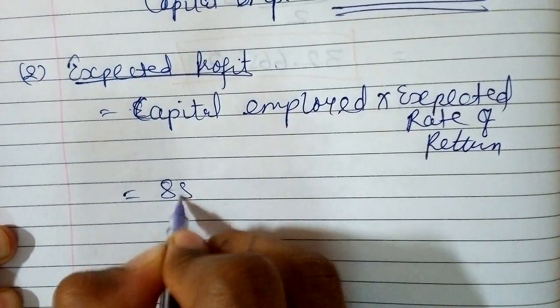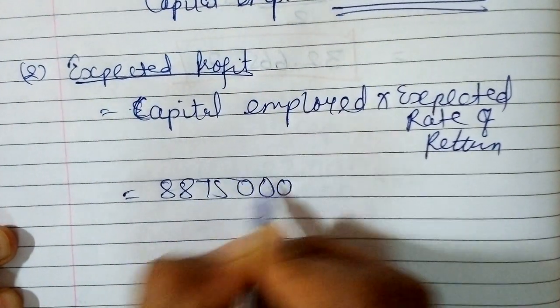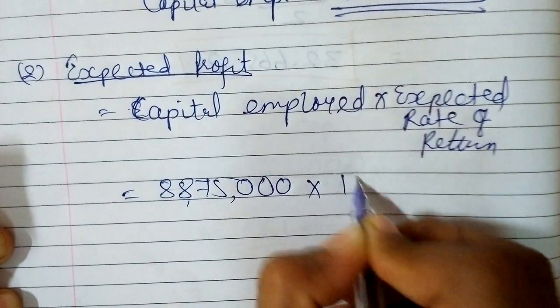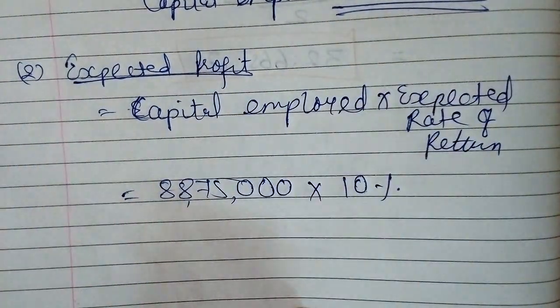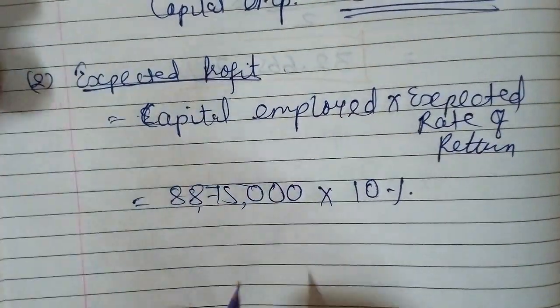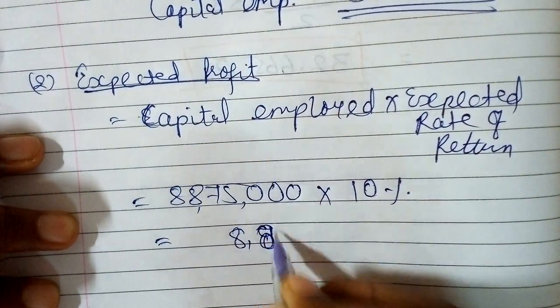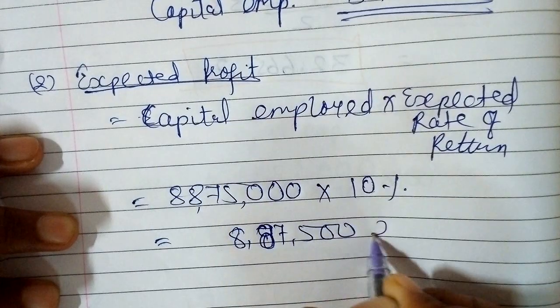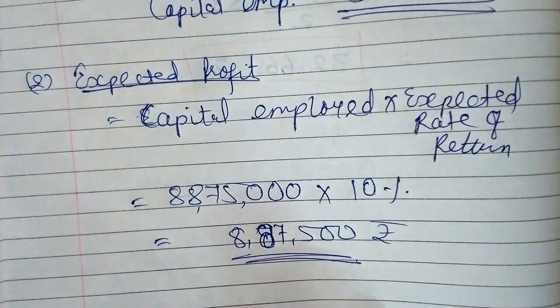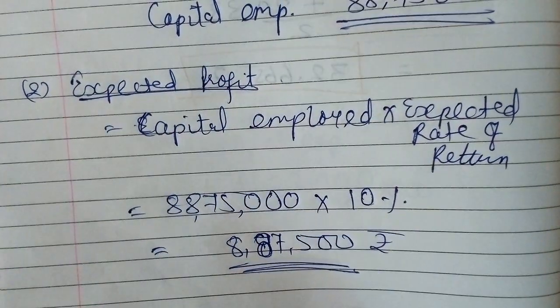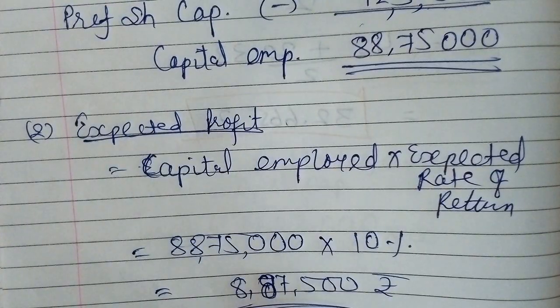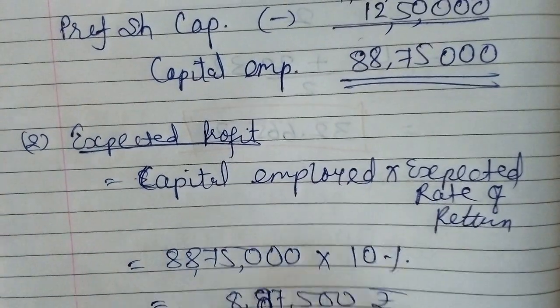So the capital employed is 88,75,000 into expected rate is 10%, right? So my expected profit will be 8,87,500 rupees, right? So we have completed two steps for the goodwill, capital employed and expected profit.